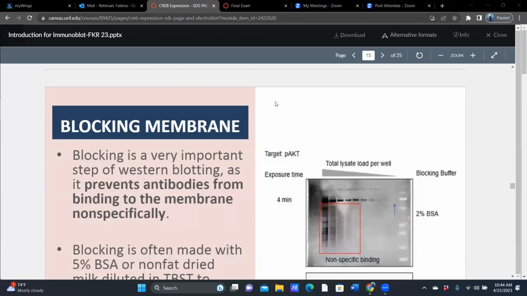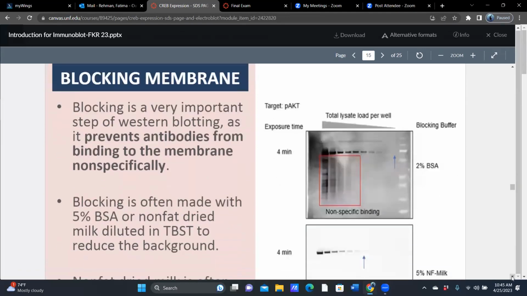What we are doing is basically coating any unused site, any site on the membrane that does not have protein bound to it, with some non-specific protein, so you don't get random signal from it. So you don't get this non-specific binding. If you get all these random bands everywhere, that typically means that you did not block your sample well enough, and now you're getting background noise.